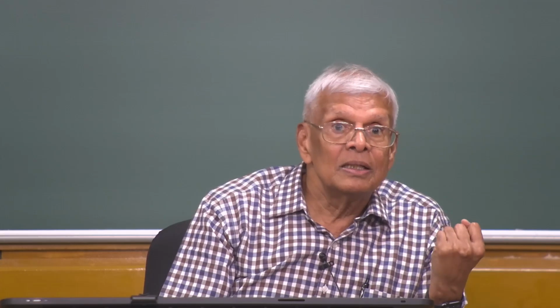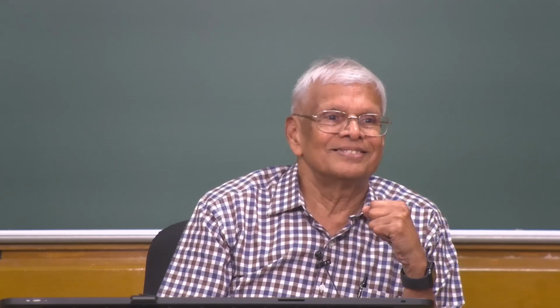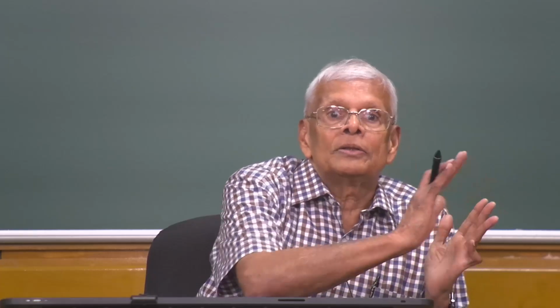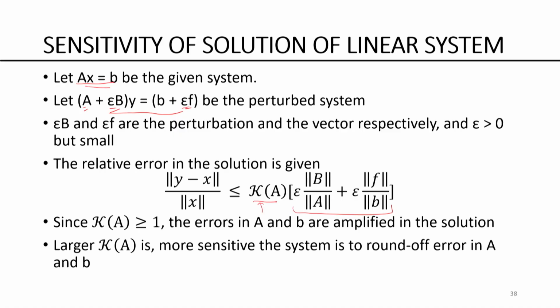With me? So what is the most well-conditioned matrix? Identity matrix. Condition number is 1. The smaller the condition number, the better conditioned it is. That means since condition number is greater than or equal to 1, errors in A and errors in B are amplified. Are you with me now?